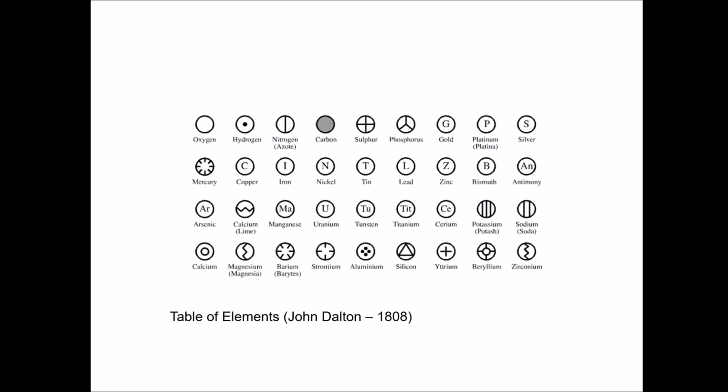He started to write them down in a table. Now, this is not a periodic table of elements. This is just a table, a list, basically, of the elements that they knew of in 1808. And you can see that some of them, they were simply using symbols still to represent, and some of them, they actually had letters for them.